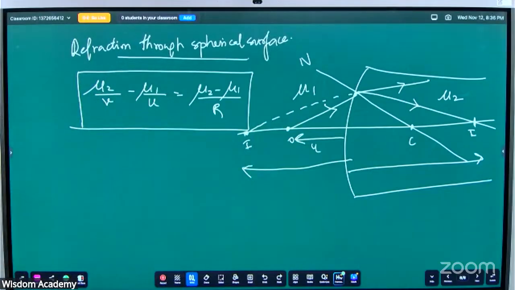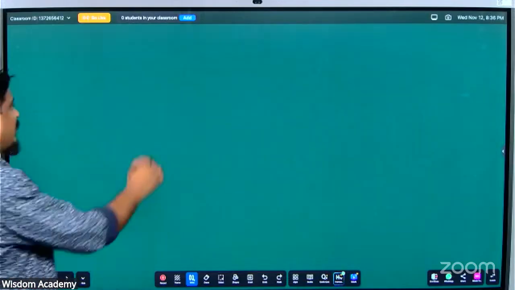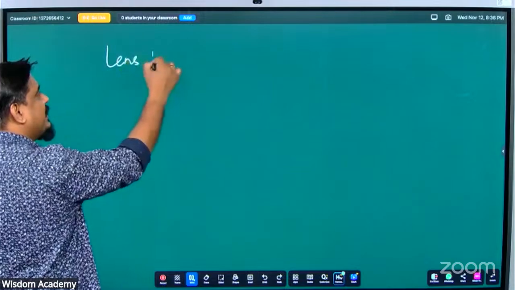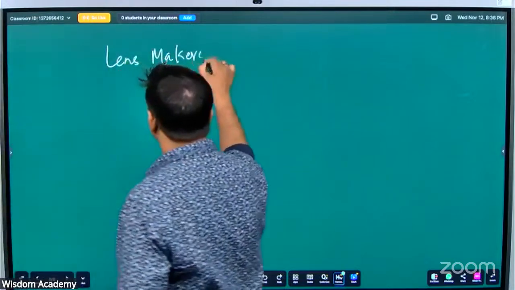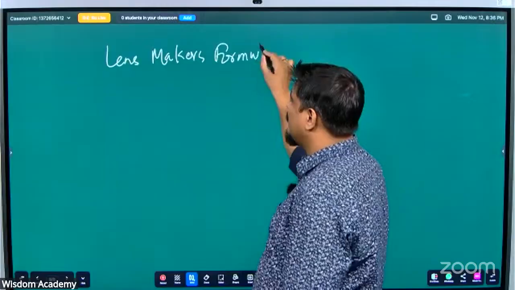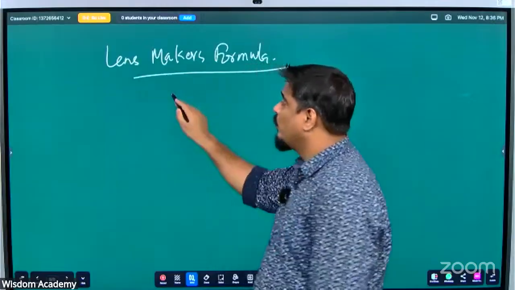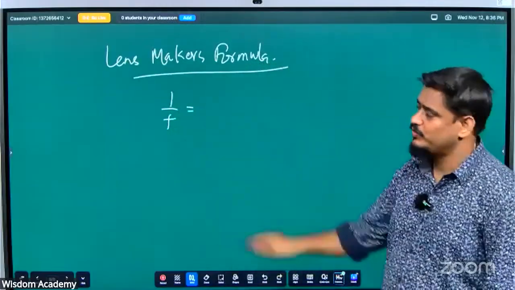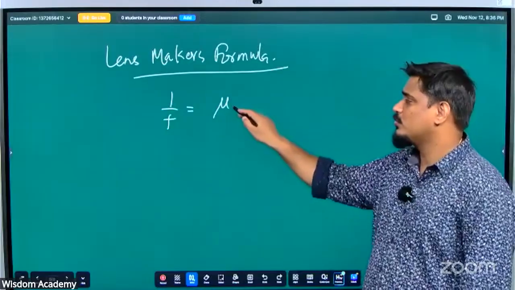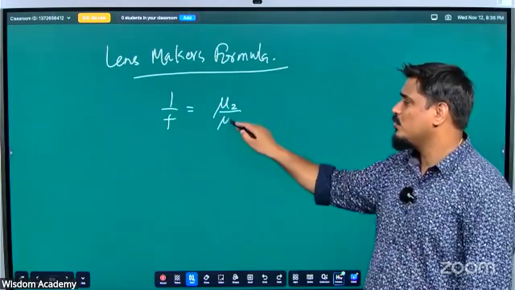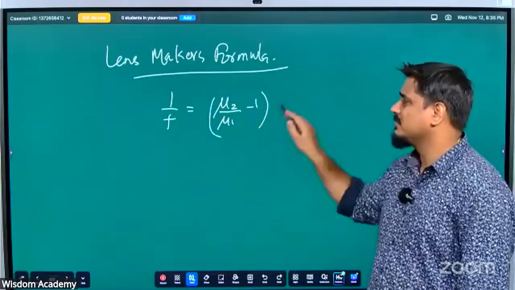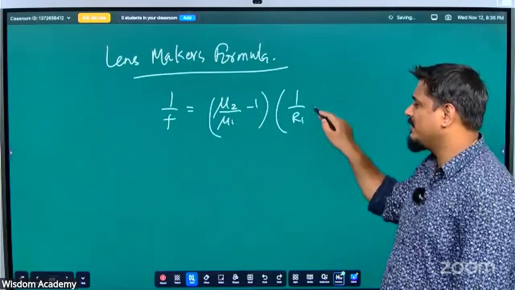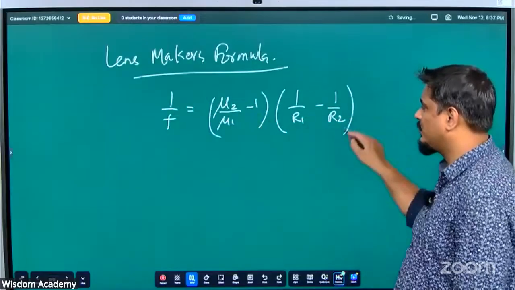By using this concept only, we have derived lens maker's formula. What is lens maker's formula? Let me write that. Lens maker's formula says that 1 by f is equal to mu2 by mu1 minus 1 into 1 by R1 minus 1 by R2.